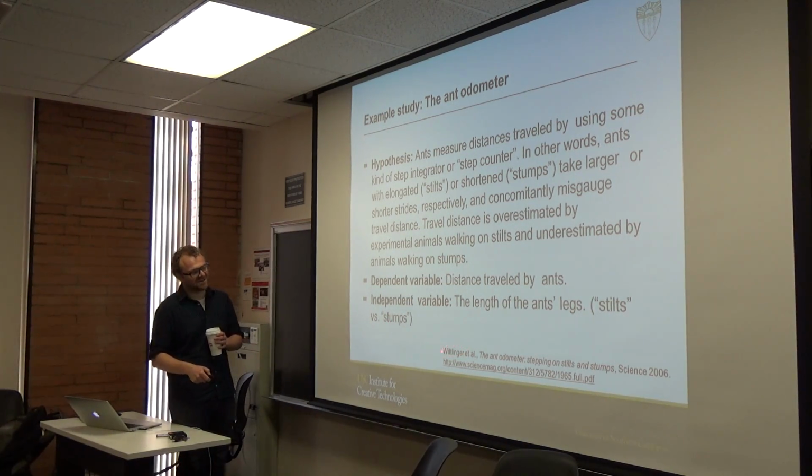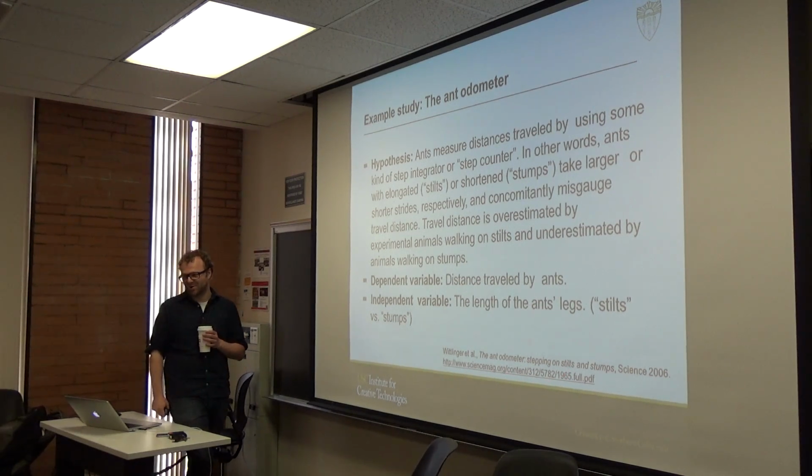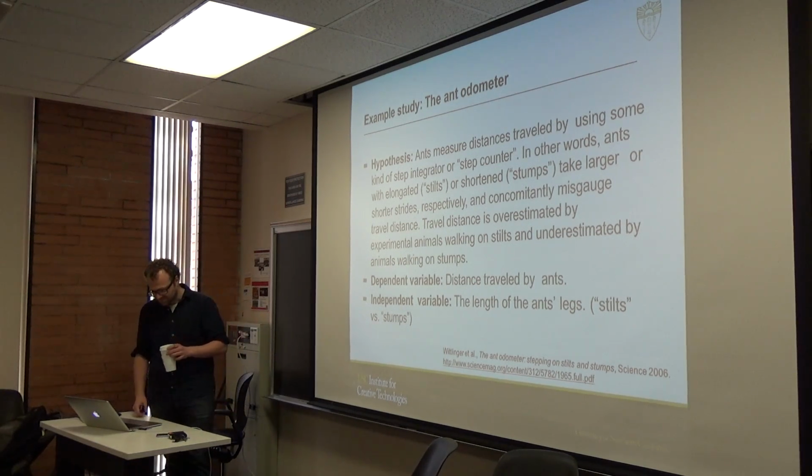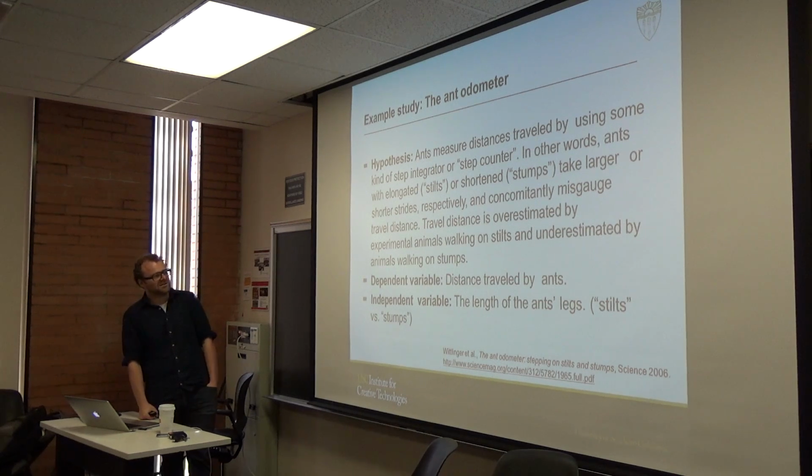This is, I think, one of the most famous papers that came out of my old university. It's not the computer science department, it's the biology department. It went to Science magazine, which obviously is one of the most prestigious scientific outlets.